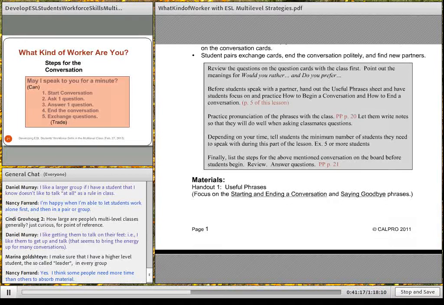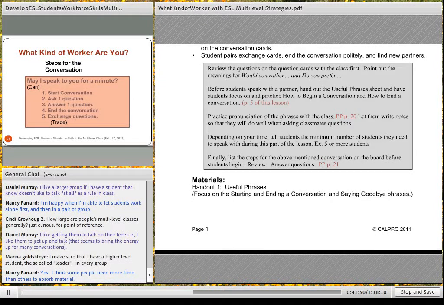Start your conversation. They're going to have a little question card in their hand. Ask your question. Answer the question your partner asks you. End the conversation with one of the things listed on that useful phrases page, and then exchange question cards, or as somebody said, trade. And so now they know exactly what they're going to do in this lesson.